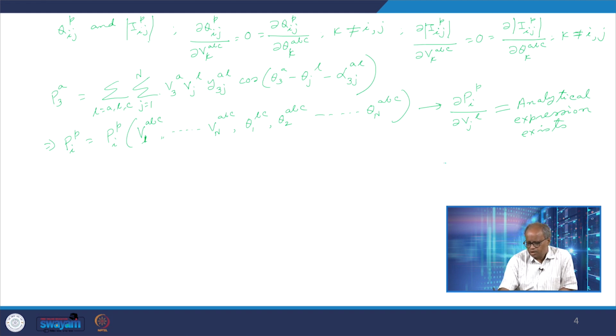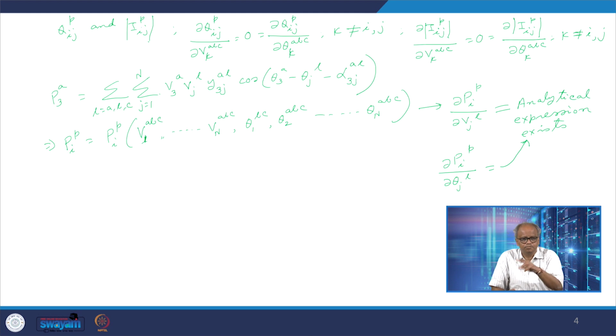Similarly, for del PIP by del theta JL, an analytical expression also exists. Whether they will be 0 or not will depend on the value of Yijpl.